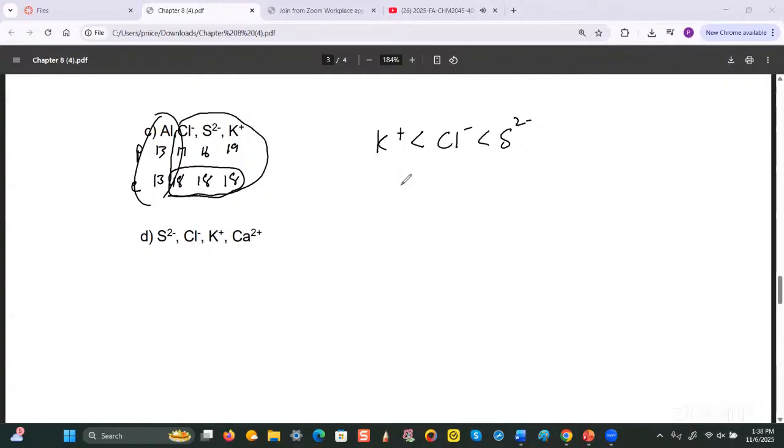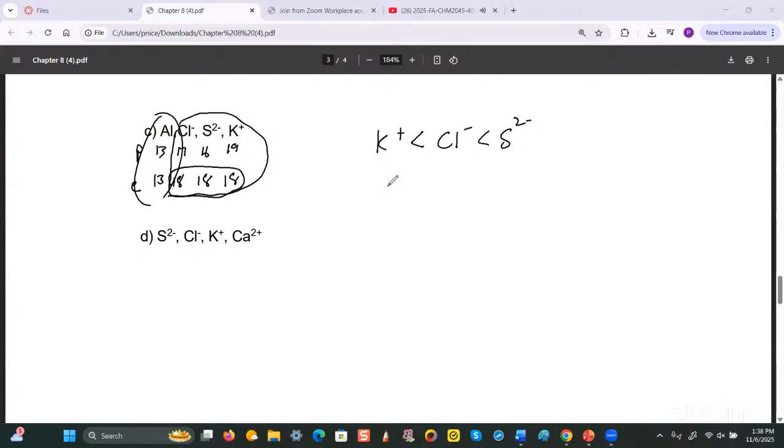But the question is, aluminum is kind of weird because it's not isoelectronic. It's 13.